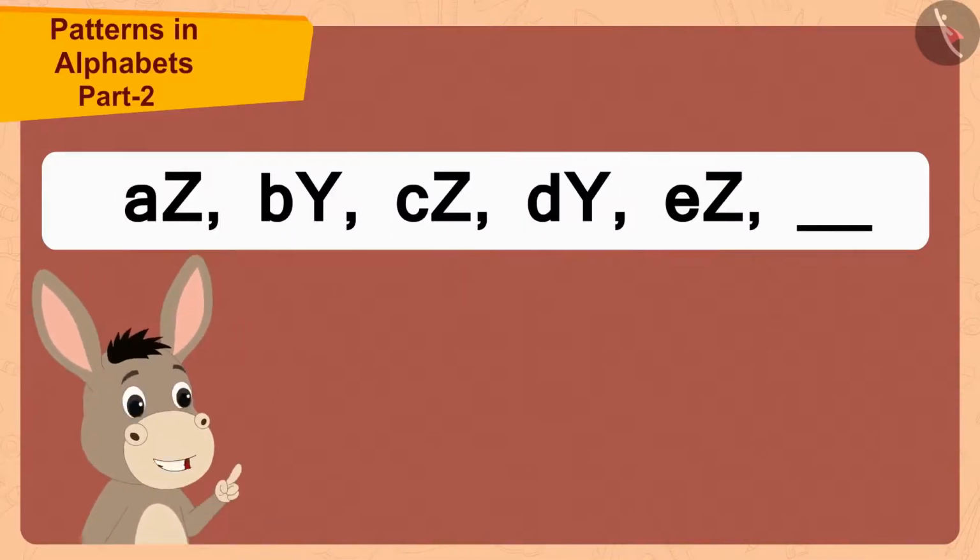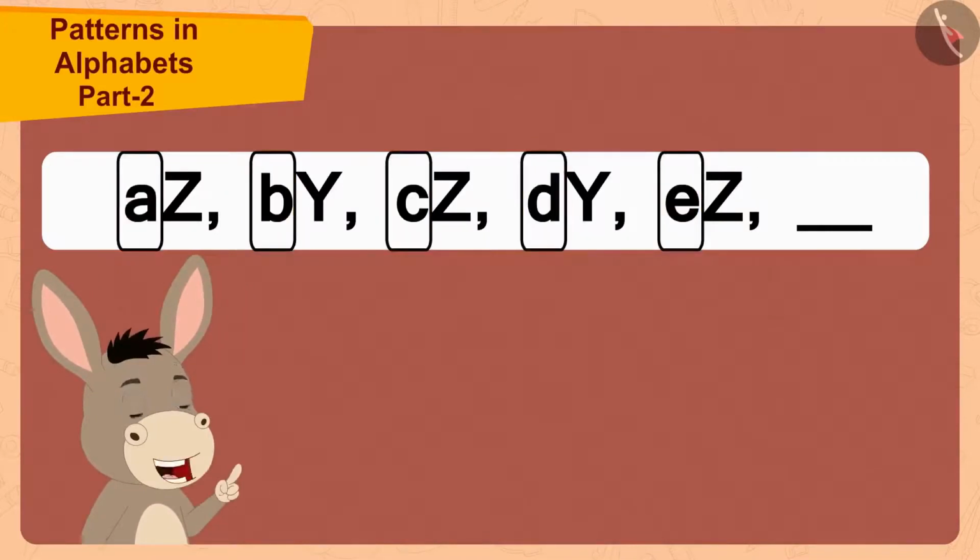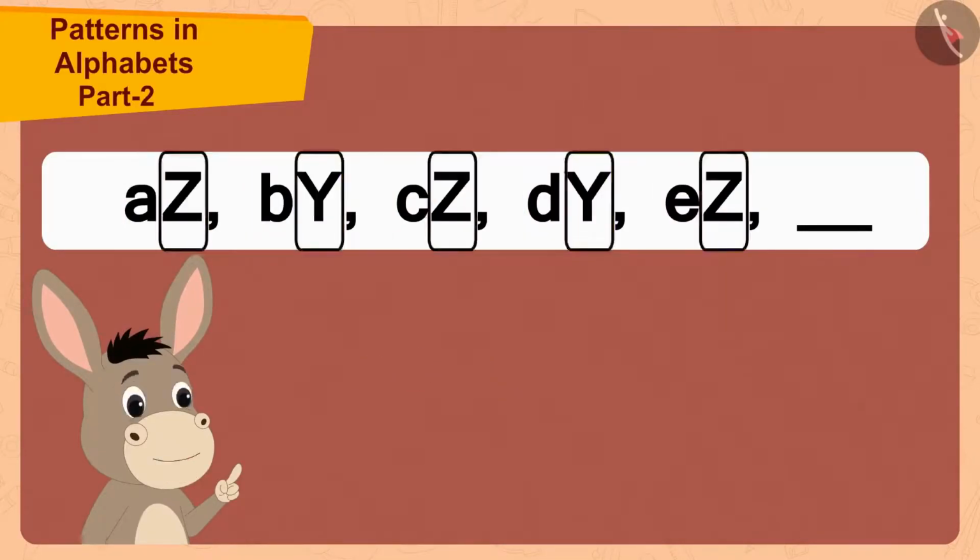Let me look at the small letters first. Well, here the small letters are increasing in order. And the capital letters? Let me repeat these 2 letters. ZY, ZY repeatedly in capital letters are visible.